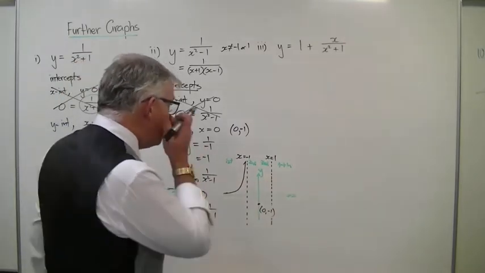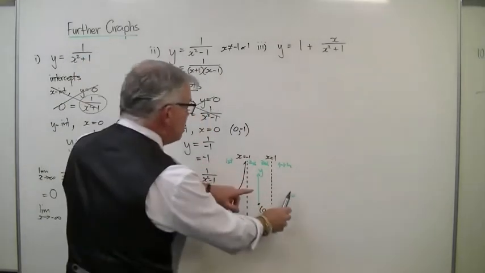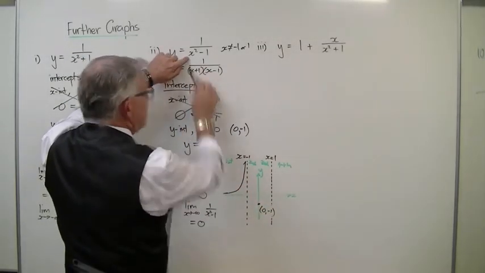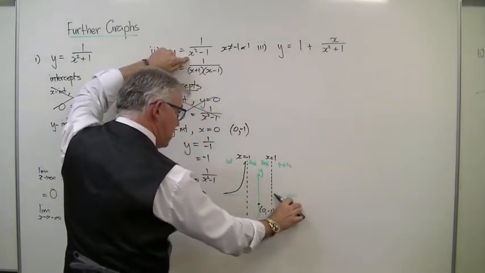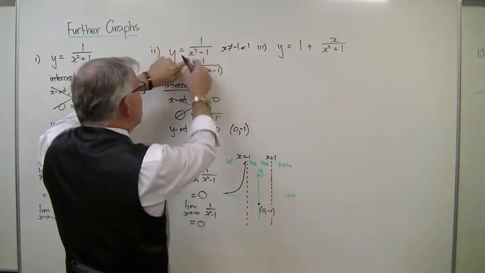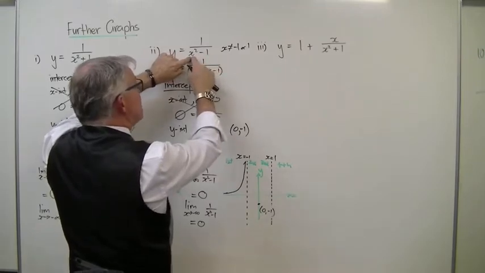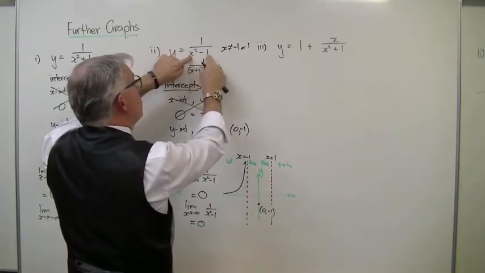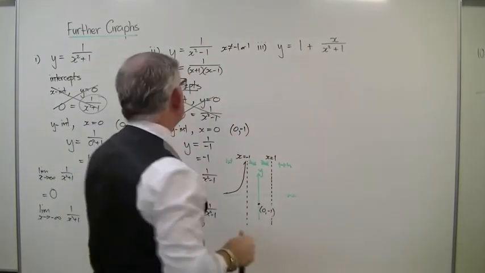Let's go over to the fourth region and see what happens there. It's a very similar thing. I'm approaching the value of x equals 1 from this side. So it'll be 1 over, now the difference between these two things, as x gets closer and closer to 1, will become smaller and smaller.